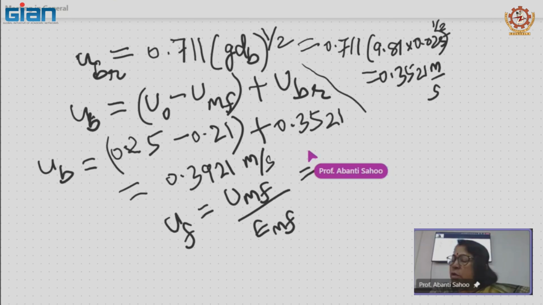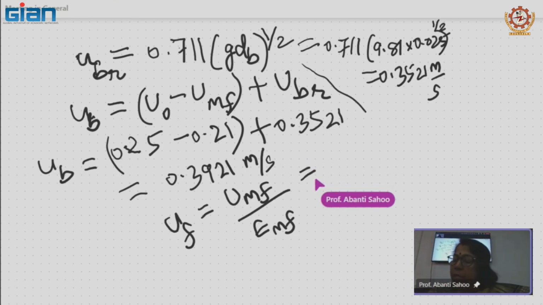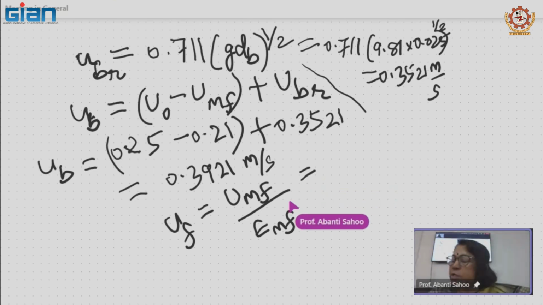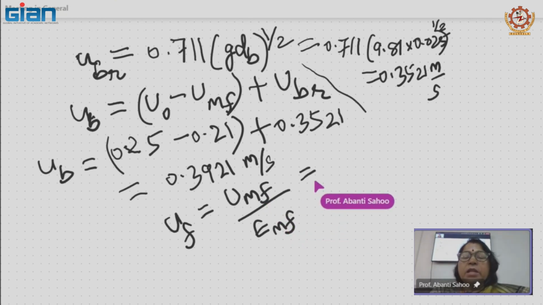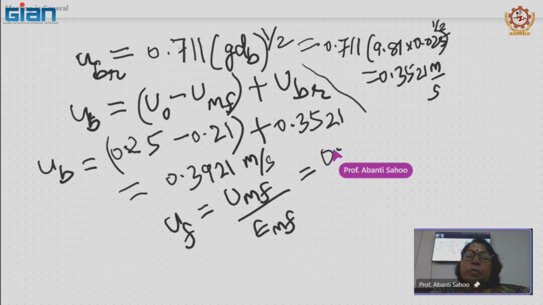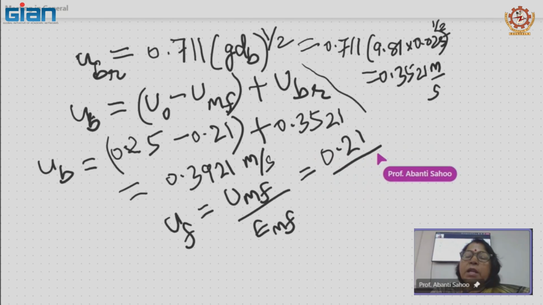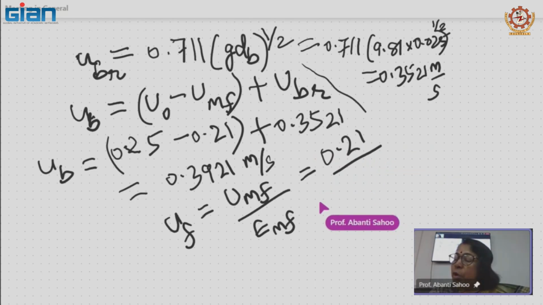First the emulsion velocity: UMF is 0.21 divided by epsilon MF, 0.45, which is given.